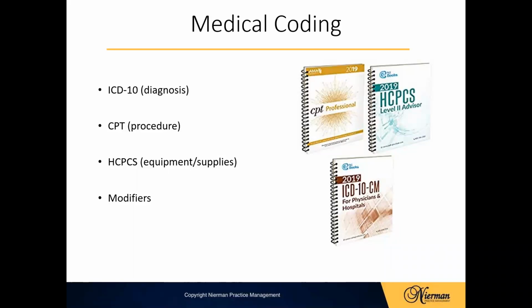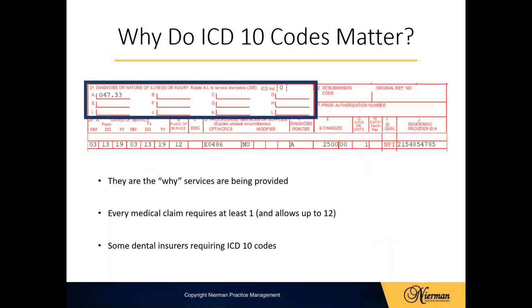Yes, and so those are very important, because the insurance companies simply won't pay without having that. And I'll give you the opportunity to explain what the ICD codes mean and why they matter, because they're so important to billing medical.